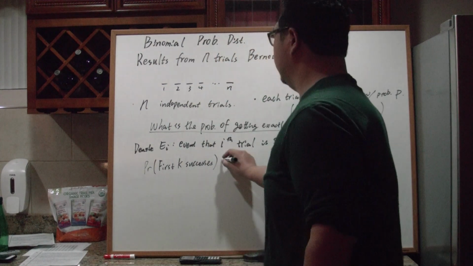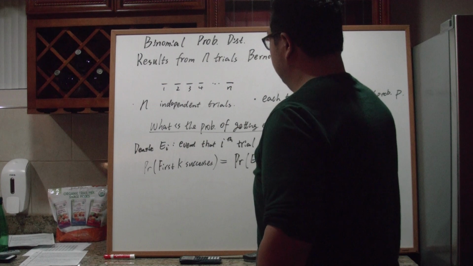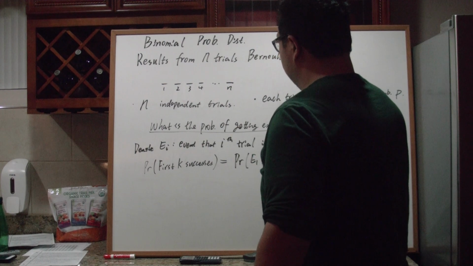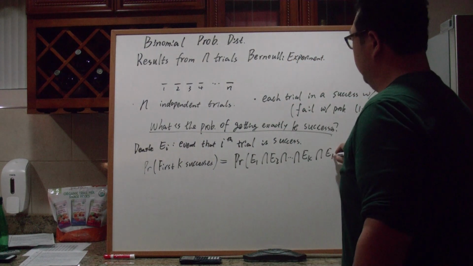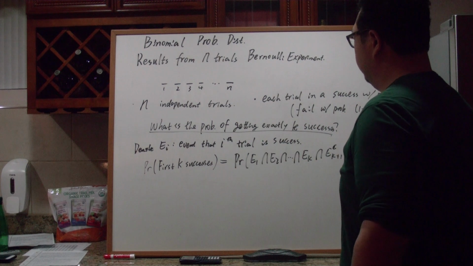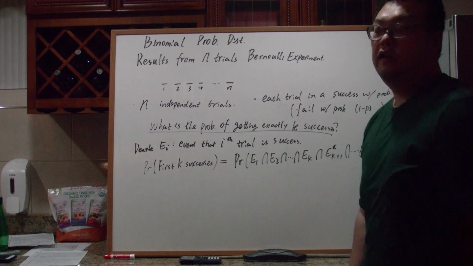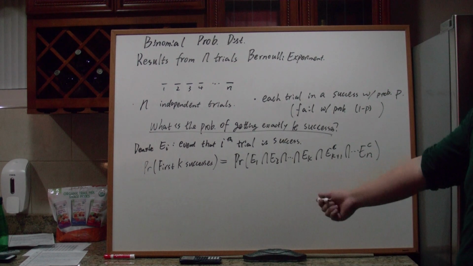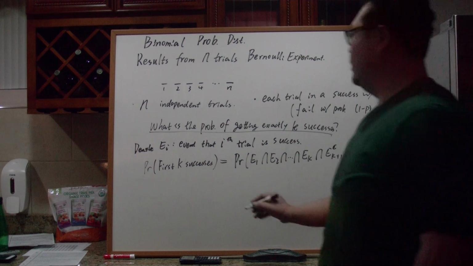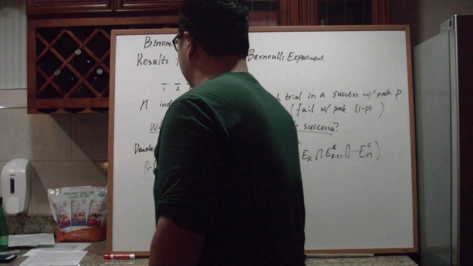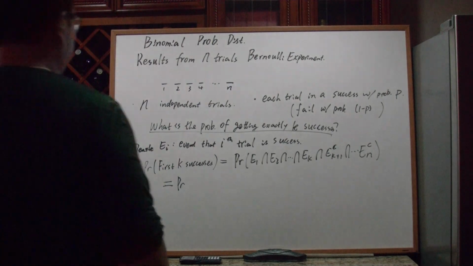Then the probability of the first k successes is the probability that the first one is a success, the second is a success, all the way to the kth is a success, and from k plus 1 a failure, all the way to the end a failure. Right, that makes sense, right? The first is a success, second all the way to the kth is a success, and the remaining n minus k are failures, which, since the trials are independent, that intersection is the product.